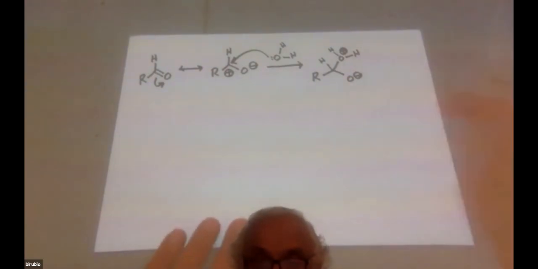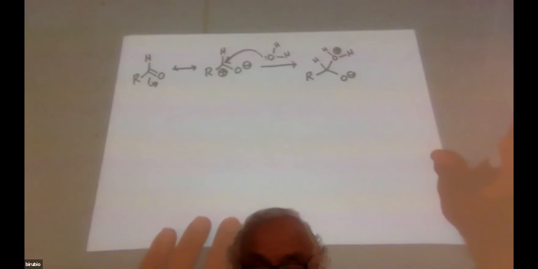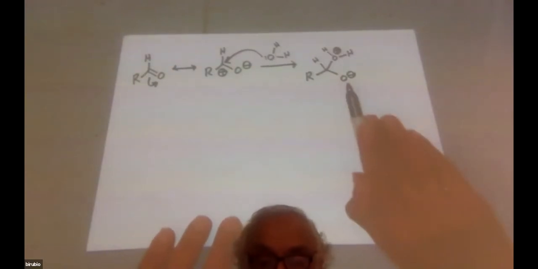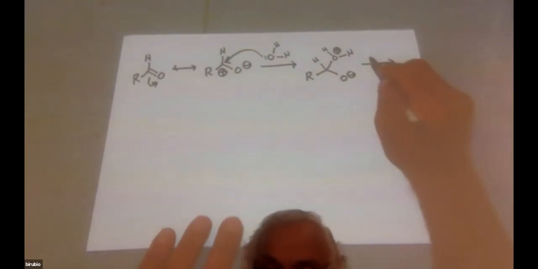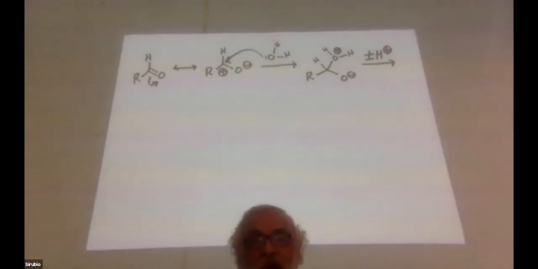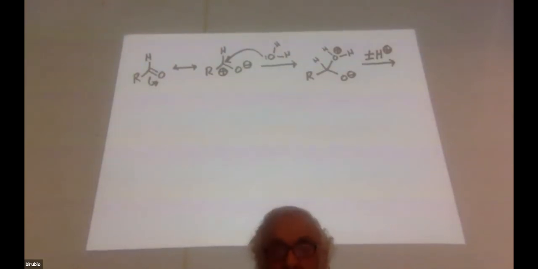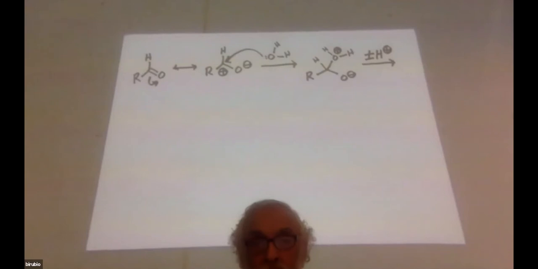This proton falls off. It goes off into the solution. It's never heard from again. But there are a lot of protons in the solution. One of them is going to pop on here on this oxygen atom. Instead of writing all of those steps, I'm going to use this symbol plus minus H plus. That means take away a proton from somewhere and bring a proton back elsewhere in the molecule.